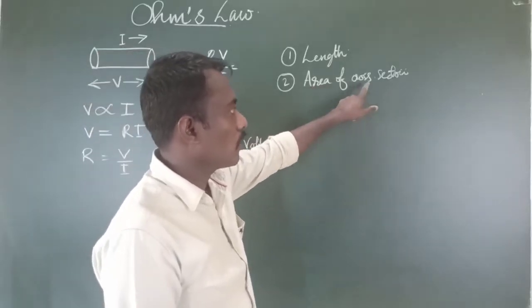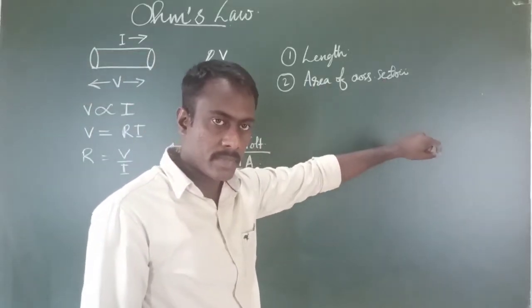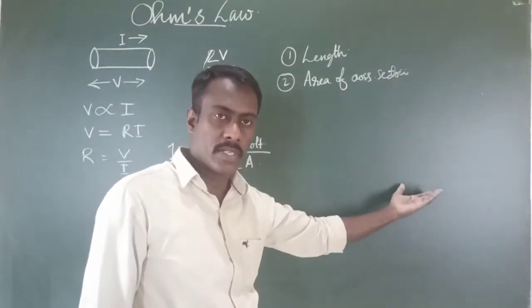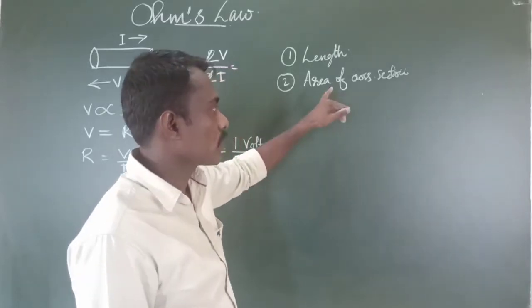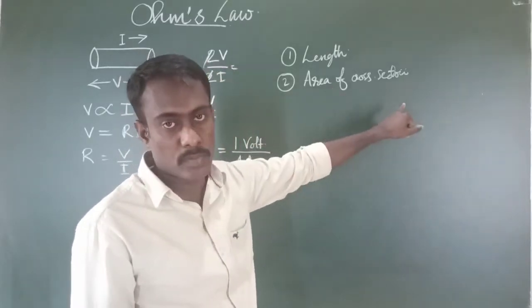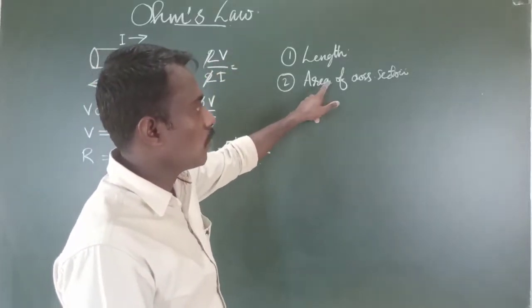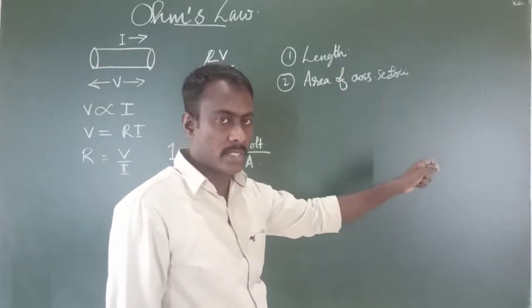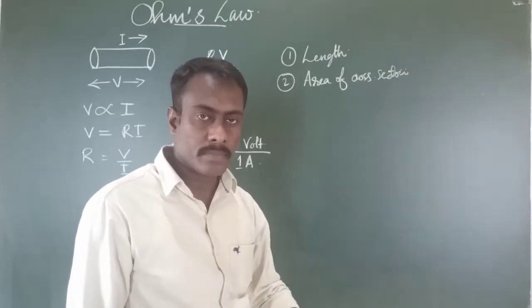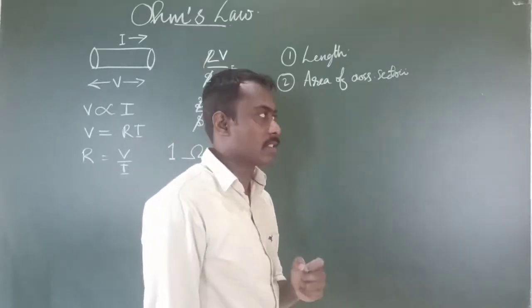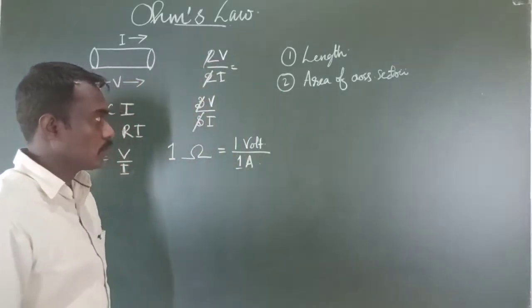When the area of cross section increases, the resistance decreases. When the area of cross section decreases, the resistance increases. So we say that the area of cross section of a conductor is inversely proportional to the resistance. Now we can combine these two equations.